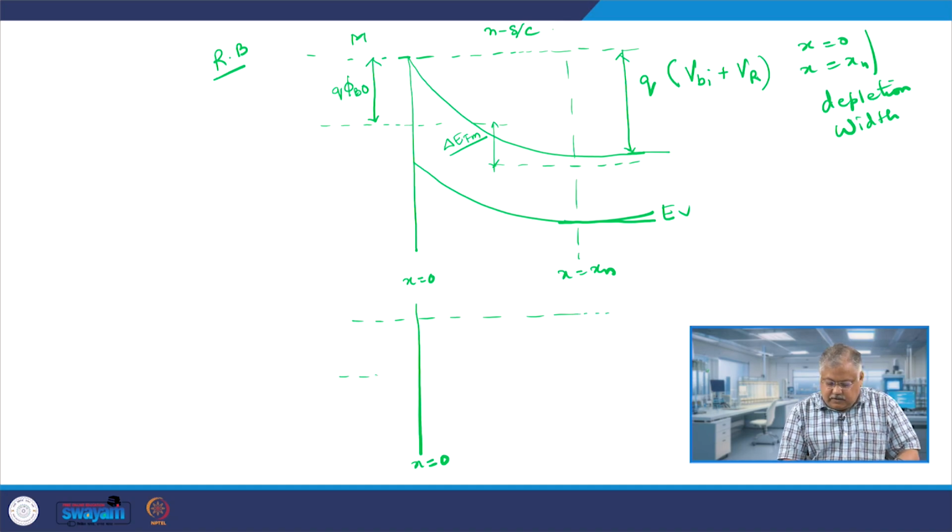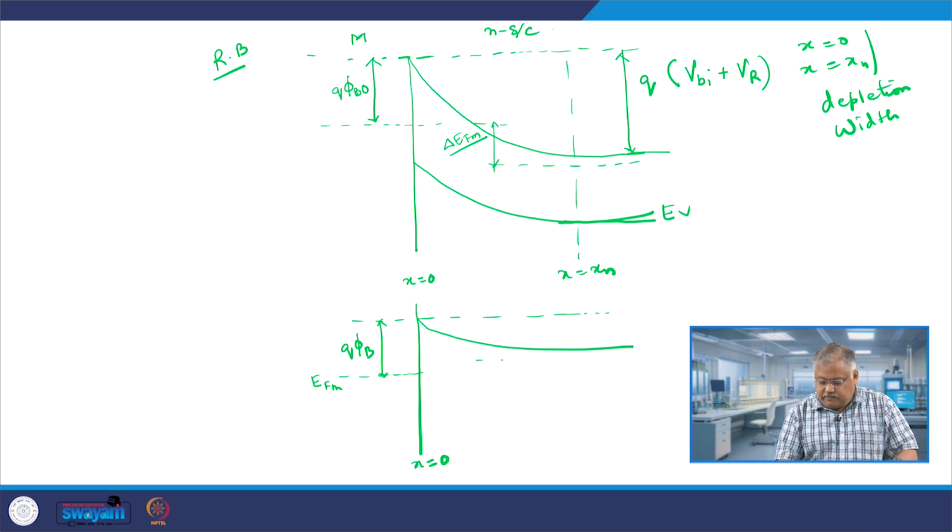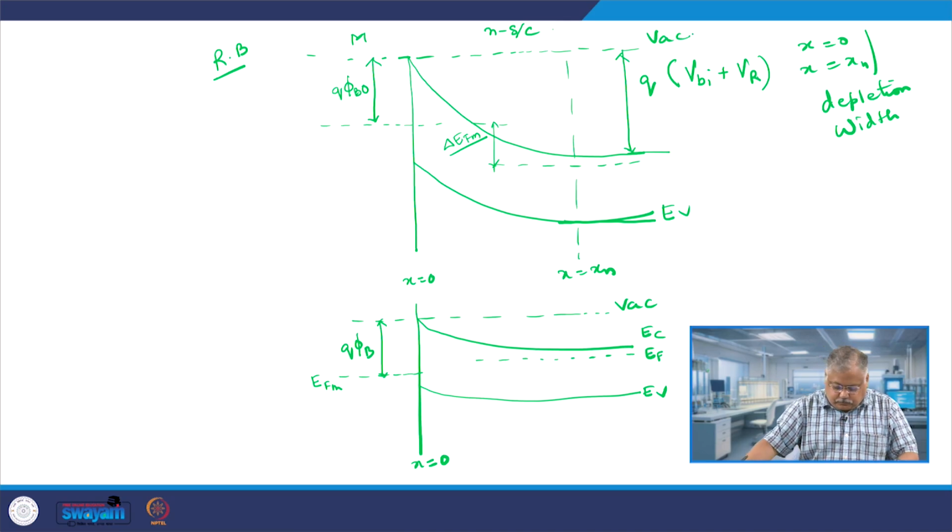This is the Fermi level, EFM, and this is q phi b0, the ideal barrier height. Then because of the forward bias, the band will be bent slightly like this, and there will be a Fermi level here, also bent slightly like this. So, this is your EV, EC and EF, and this is your vacuum level.